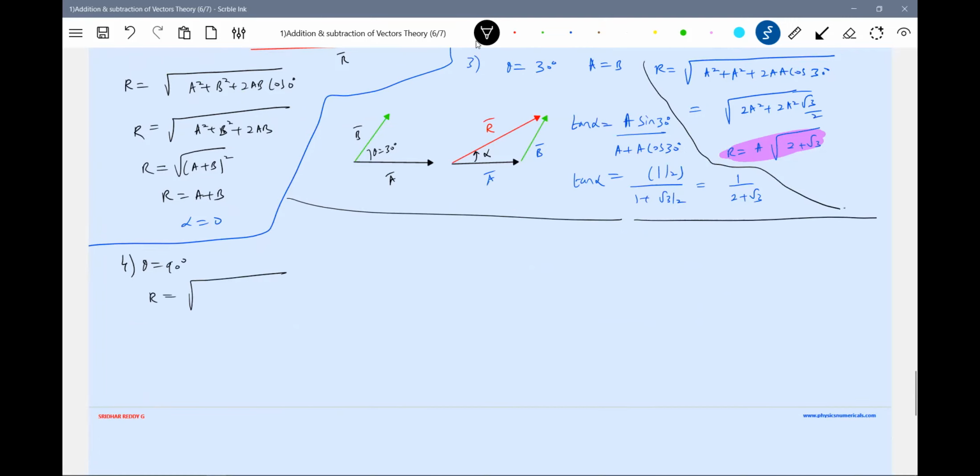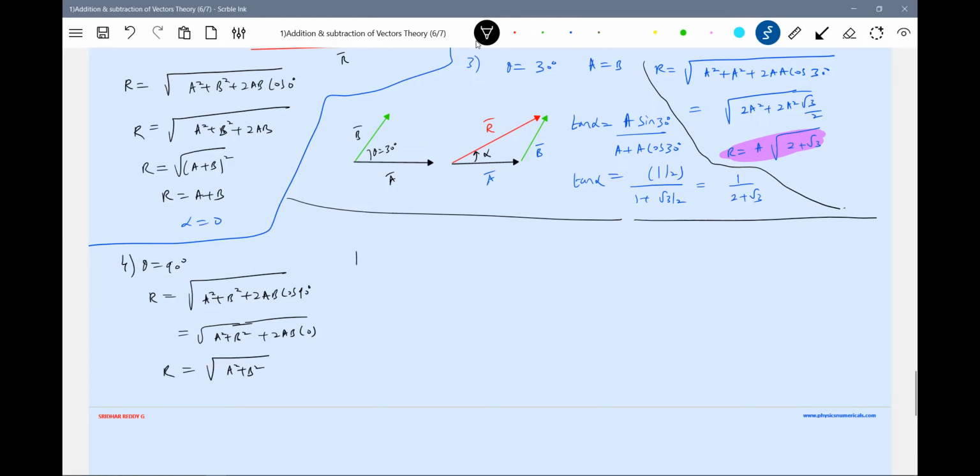R equal to root of A square plus 2AB cos 90. Cos 90 is 0, we know very much. So this will become finally A square plus B square. Now, very, very important, many numericals I'll be using this data.